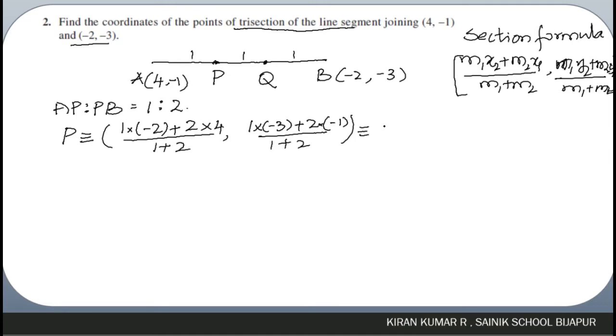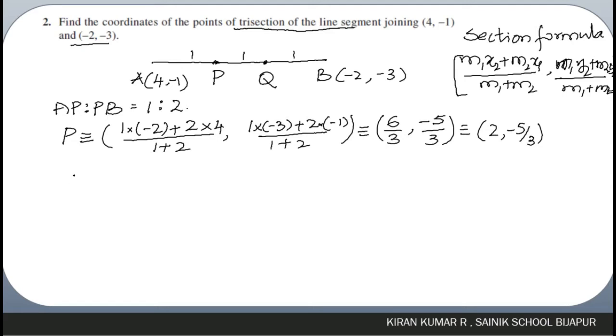This is nothing but minus 2 added to positive 8 will be 6 upon 3. Minus 3 and minus 2, when they are added, we get negative 5 by 3. So the coordinates of the point P will be 2, negative 5 by 3.